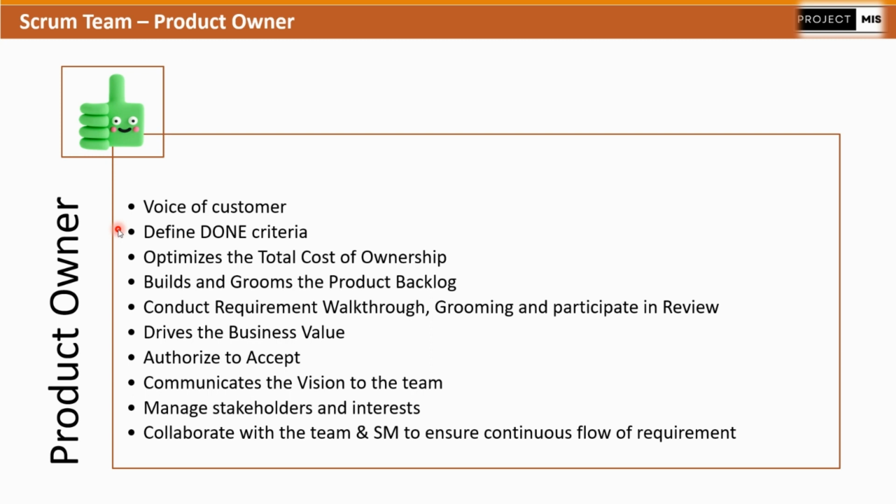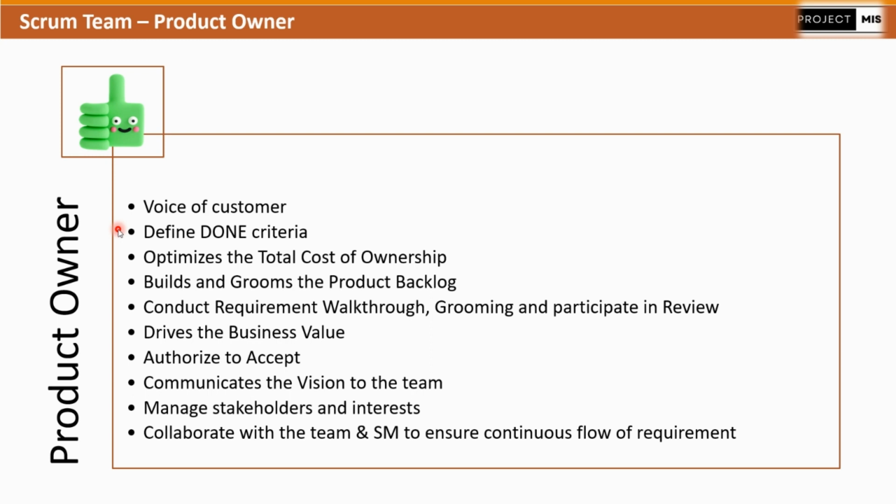Product owner defines the done criteria. The done criteria is a list of parameters which will be evaluated when the developer says that the story is completed. If I am a developer and I say that the story is completed, then the parameters mentioned under done criteria will be evaluated one by one to make sure that all the parameters are meeting the expectation.